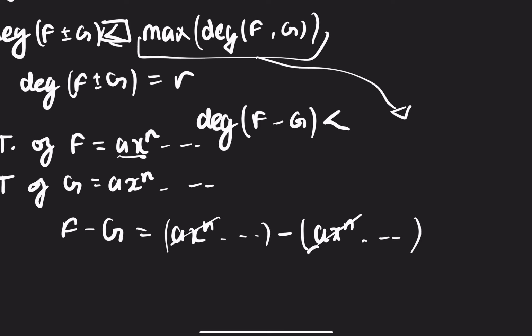And since they're the leading terms, n is the greatest power of x out of all of these other terms, and the same thing for here, which means that the result will be that we get left with a new polynomial with a degree that's less than n, right?